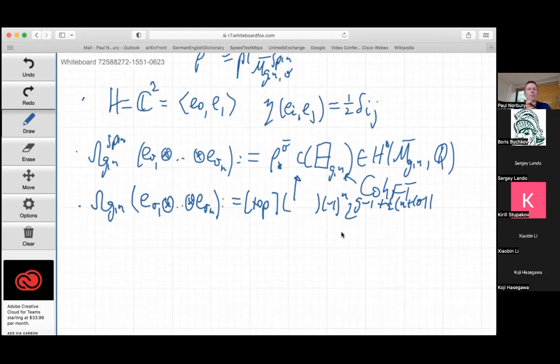Sorry, if the top degree is lower than 3g minus 3 plus n, one can see that this restriction is degree preserving, so it will send that top degree to the top degree. So this defines a cohomological field theory, when the top degree is less than 3g minus 3 plus n. And so then from this, I want to define something new again.